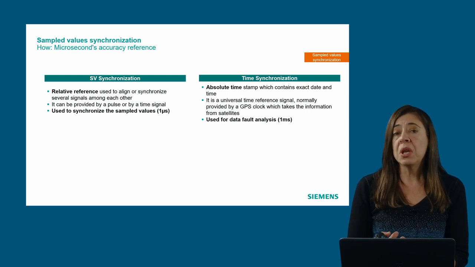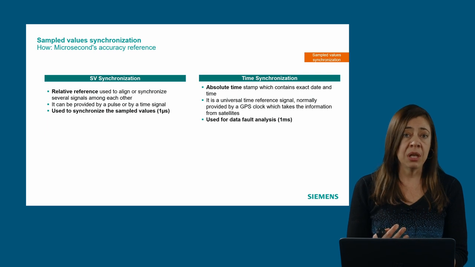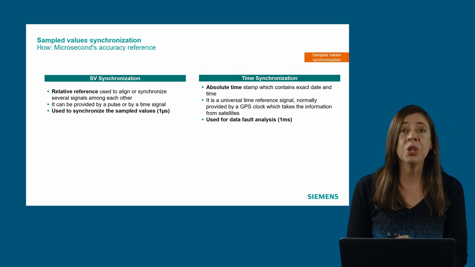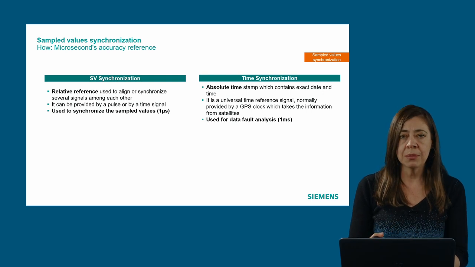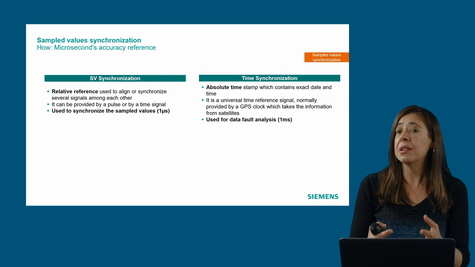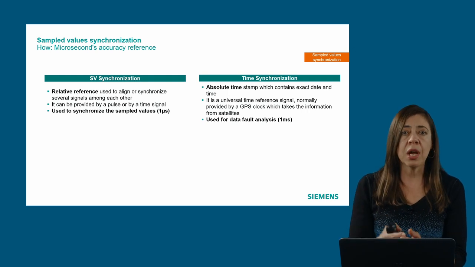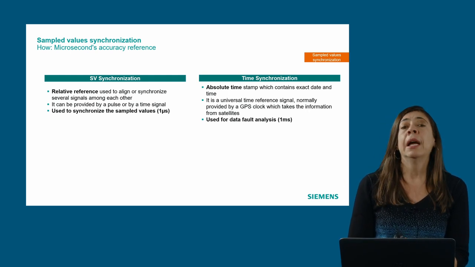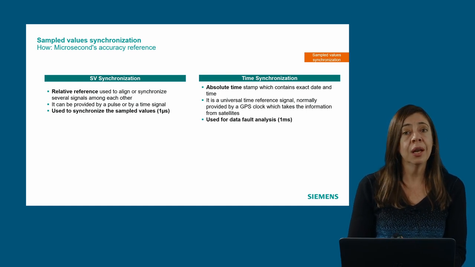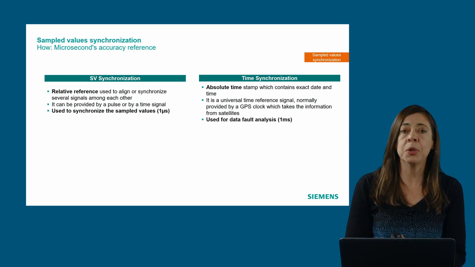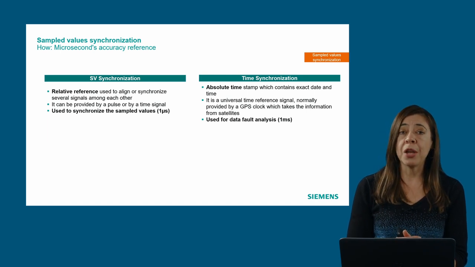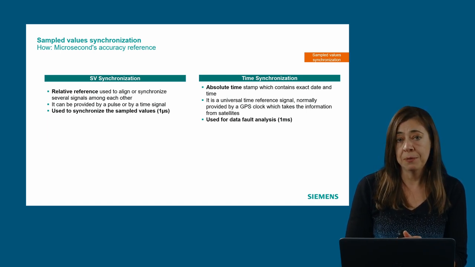For this, we need an accuracy of 1 millisecond. That's good enough. In the case of the sampled values, we don't need an absolute time. We just need a reference pulse. So we don't need this value to be synchronized to a global source. But this signal has to be highly accurate, meaning we need to grant at least microsecond accuracy for the sampled values.